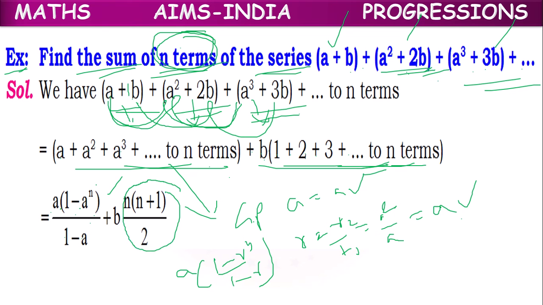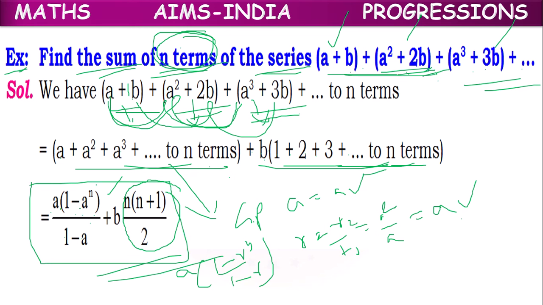So this is the formula for sum of n terms of the given series. So directly they are not in GP, but each term, if it is split into two terms and taken as separate groups, individually they are in GP, and indirectly we can use the formulas of GP here.